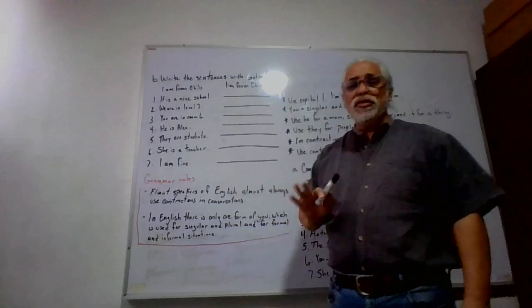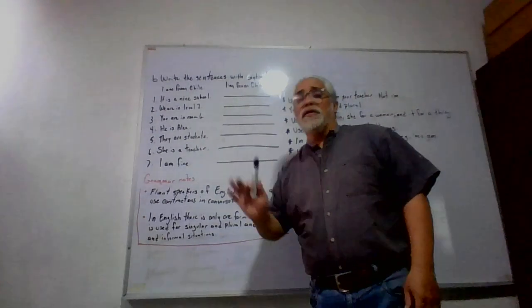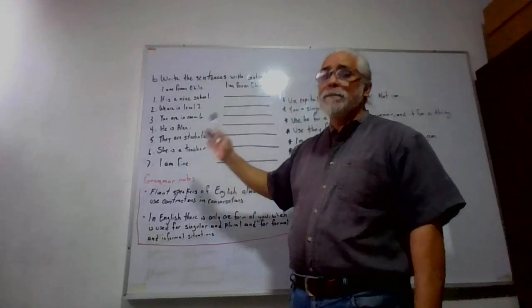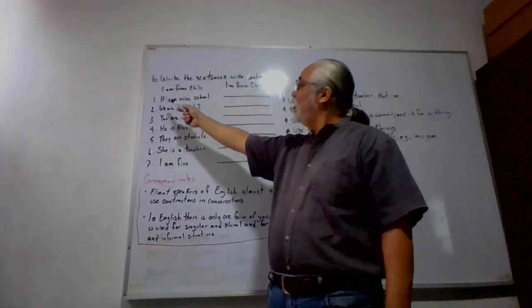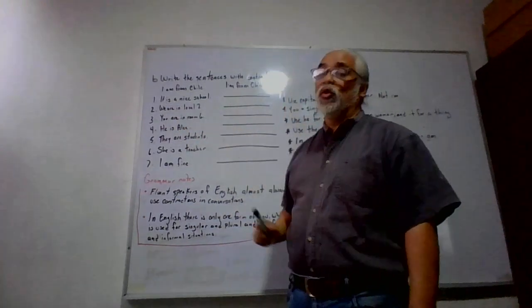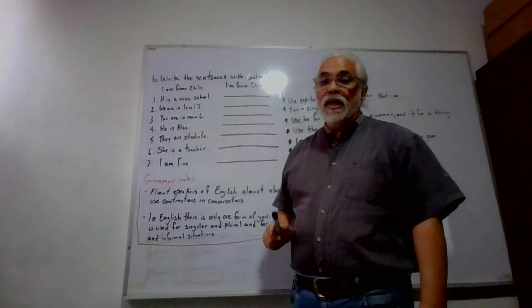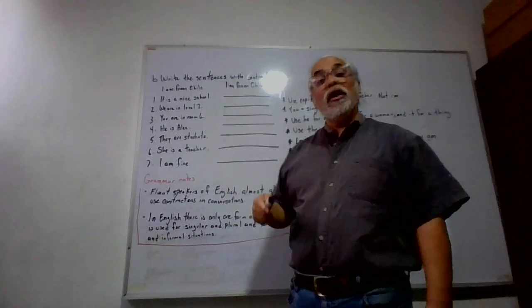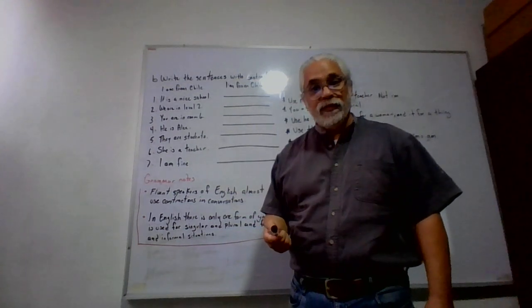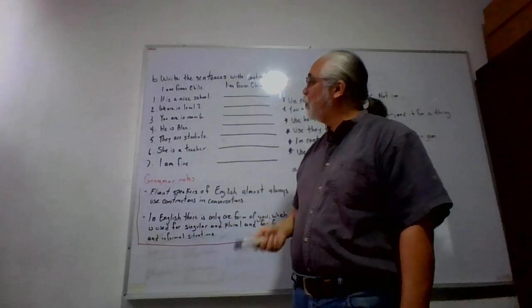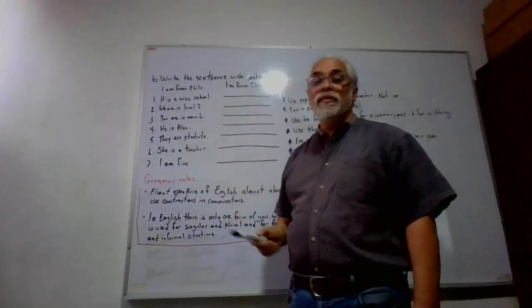I'm going to read them to you just in case for some reason you can't see it, but I think you can. Number 1, it is a nice school. Number 2, we are in level 2. Number 3, you are in room 6.